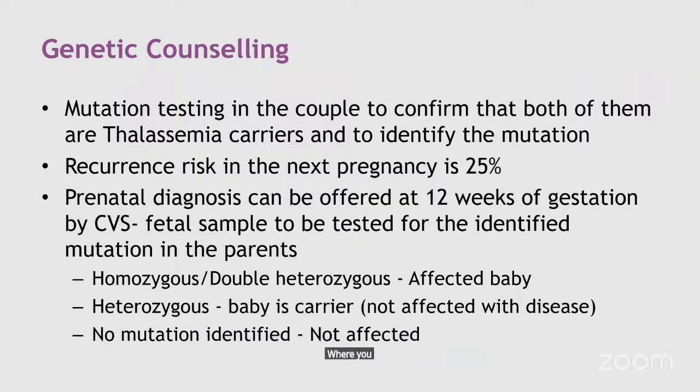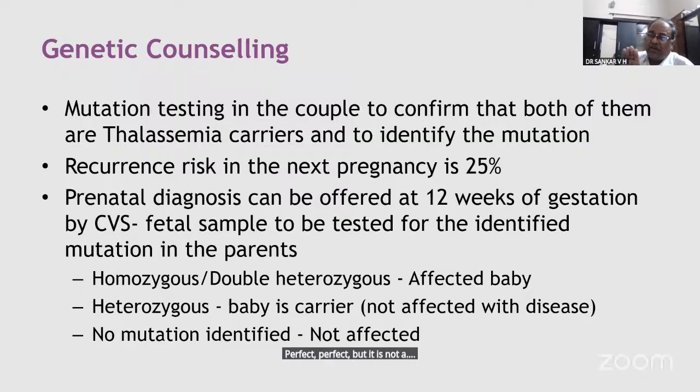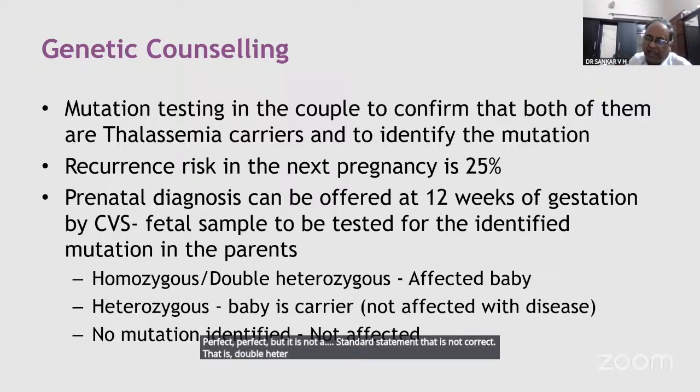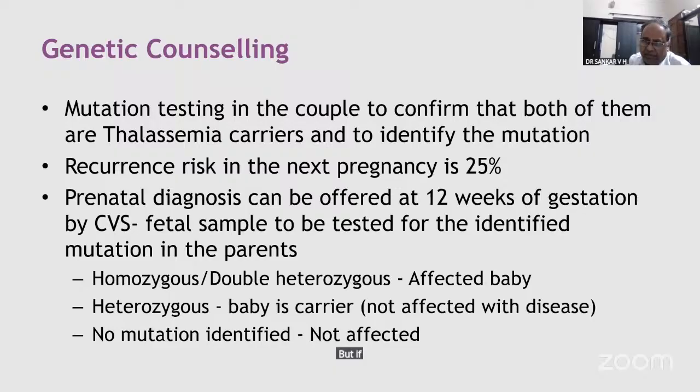That's possible. Perfect, sir. But it is not a standard statement that double heterozygous is milder and homozygous is severe. That is not correct. But in thalassemia, the severity is based on various factors, and one of the main factors is the type of mutations. Thalassemia mutations are classified as beta zero mutations and beta plus mutations.